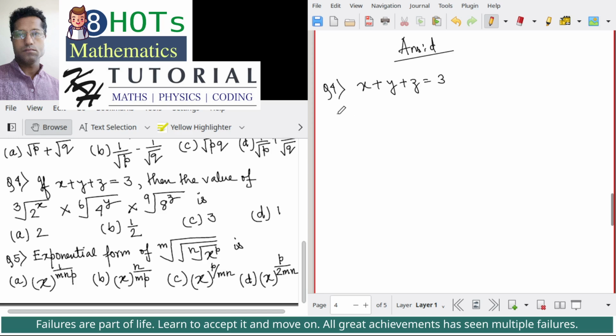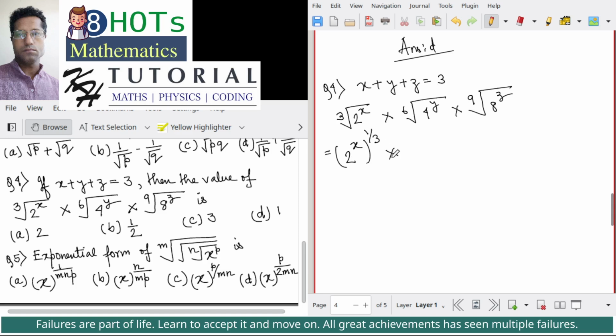Now let's see what is the cube root of 2 to the power x multiplied by the 6th root of 4 to the power y multiplied by the 9th root of 8 to the power z. If we convert all the radical factors into exponential form, the first one is cube root of 2 to the power x, which means 2 to the power x raised to the power 1 by 3.